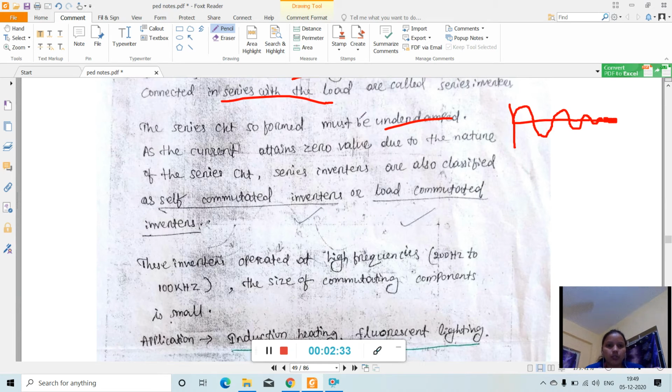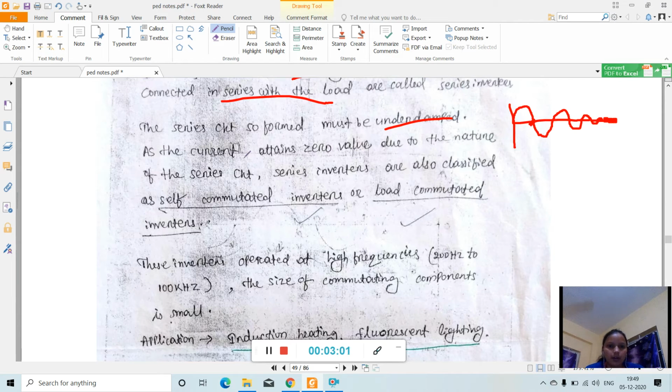See here, the current rises to a peak value, then reaches natural 0, and then it reverses. Due to this reverse current, the thyristor is turned off or commutated.